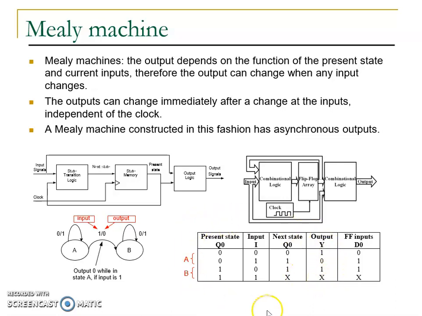So we have completed the truth table for this Mealy machine with two states, A and B. For the flip-flop inputs, for example, this is a D flip-flop. As you know, it is similar to the next state, so we just copy the next state and paste it here as the D flip-flop input.